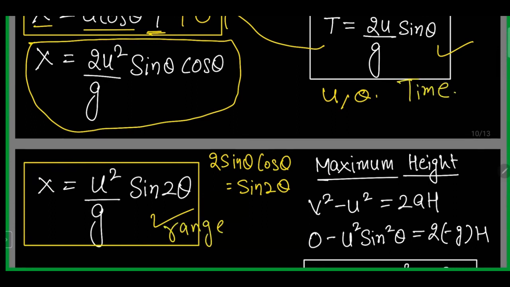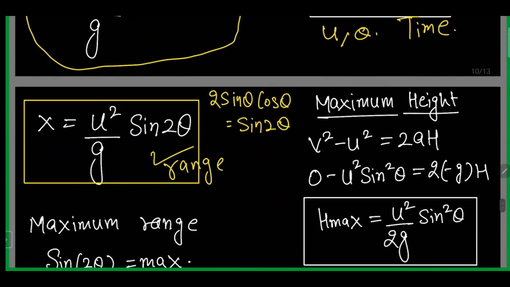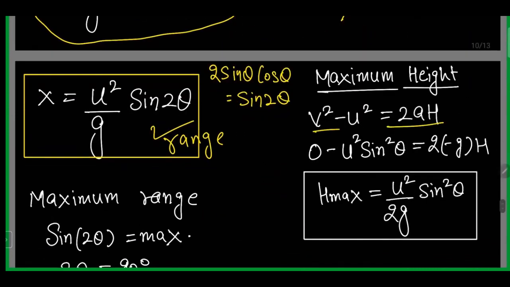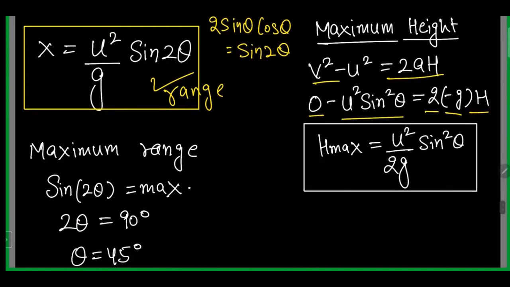The only thing which is left is maximum height. So how do I find the maximum height? Again, I will use the same formula: v square minus u square equals 2as. v is 0, u is u sin theta, acceleration is minus g, maximum height is h. So from here I get h max as u square by 2g sin square theta.